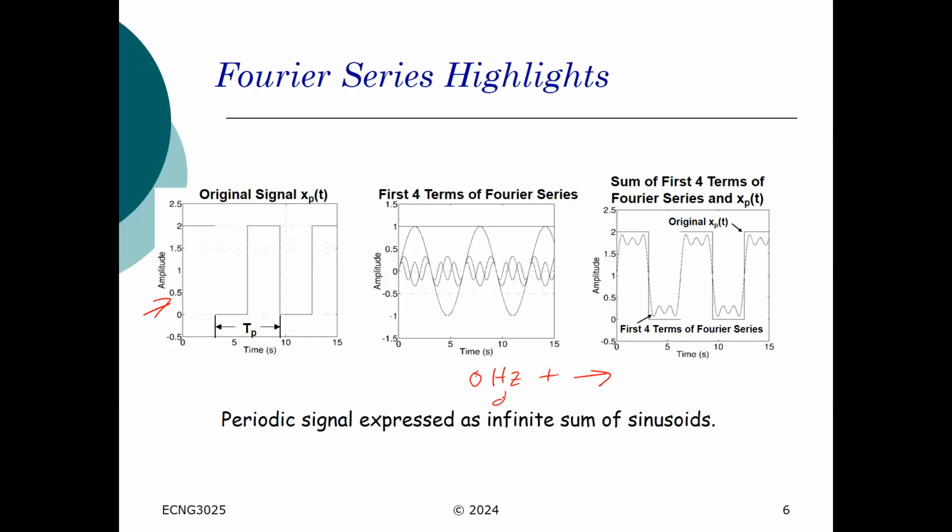So this is the DC plus the fundamental plus twice the fundamental plus 3 times the fundamental and so on. In this particular case, they're showing you that even the first 4 terms, the DC plus the first 3 harmonics, 1, 2, and 3, if you add them up, already start to look like the original signal.